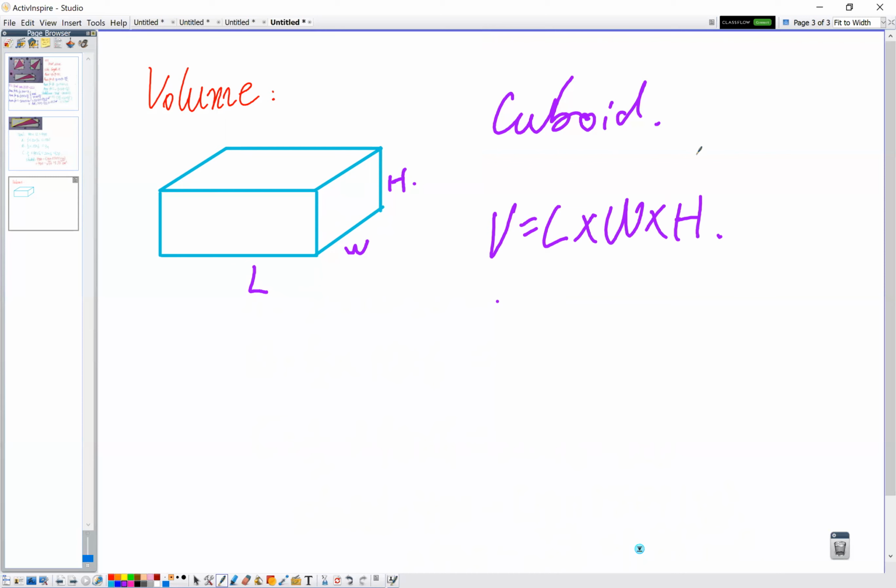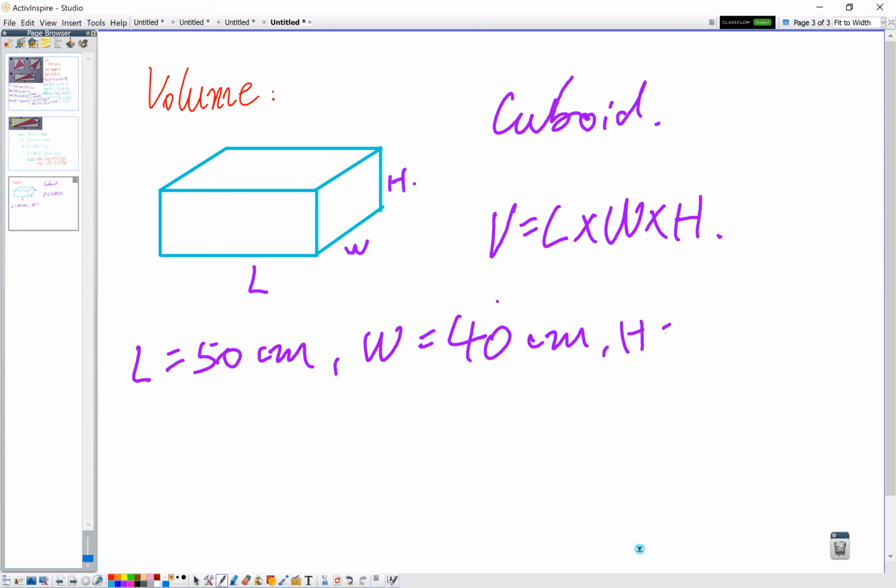For example, the length is 50 centimeters, the base is 40 centimeters, the height is 30 centimeters. Can you please find out the volume, please? This is for the first one.